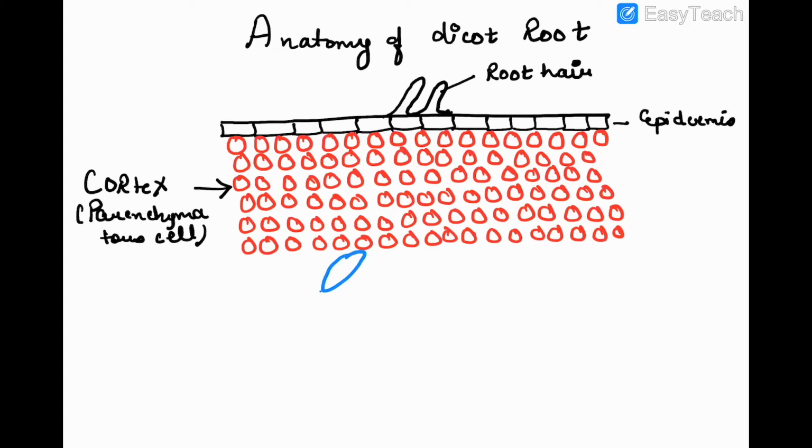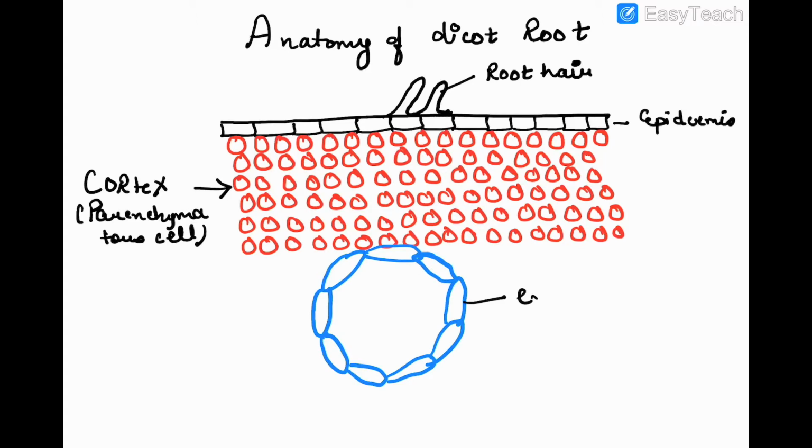So now I am drawing the endodermis. So this is the endodermal layer, which consists of barrel-shaped cells, and these cells do not have any intercellular space.